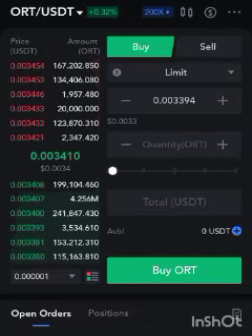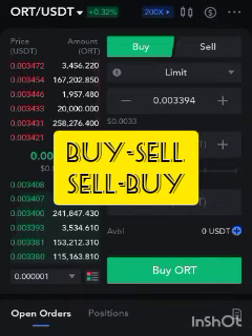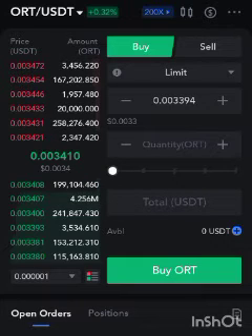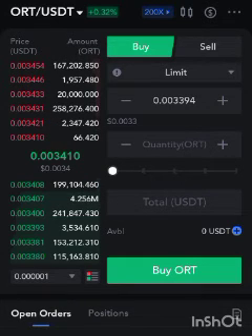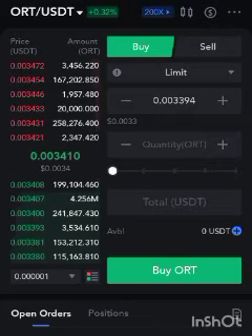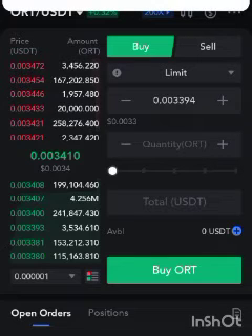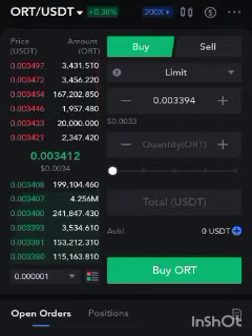Now, there are two things to this particular order, but the first thing you have to know is that in the crypto space, buying is selling and selling is buying, which means if you want to buy, someone will sell to you, and if you want to sell, someone will buy from you.